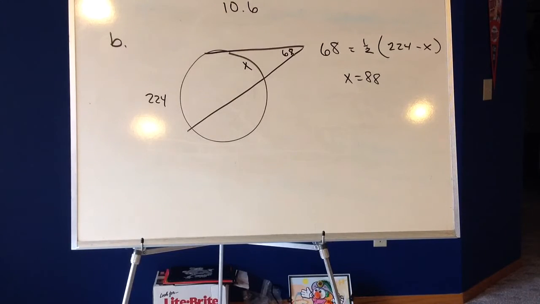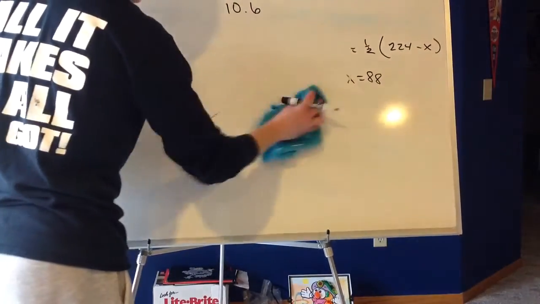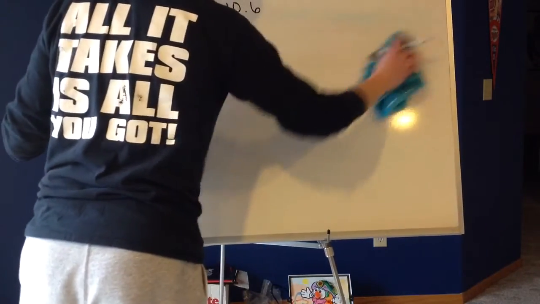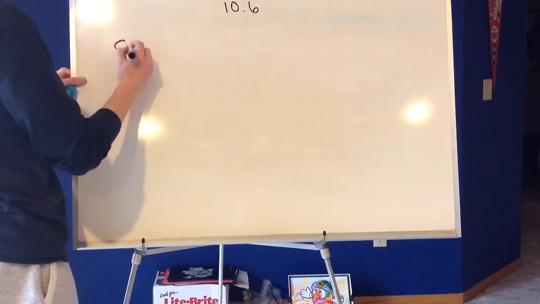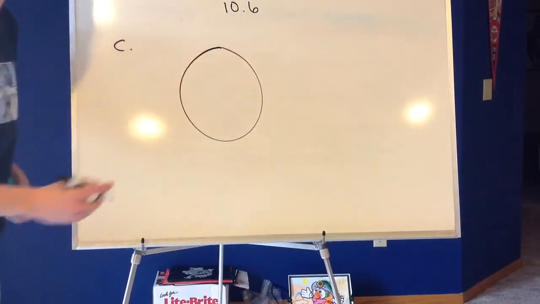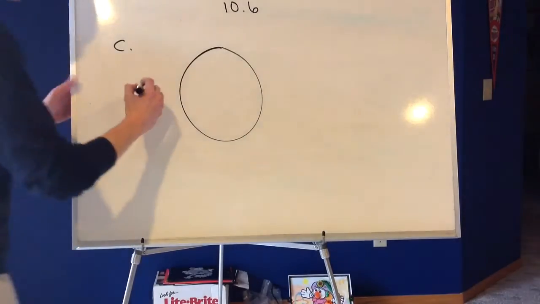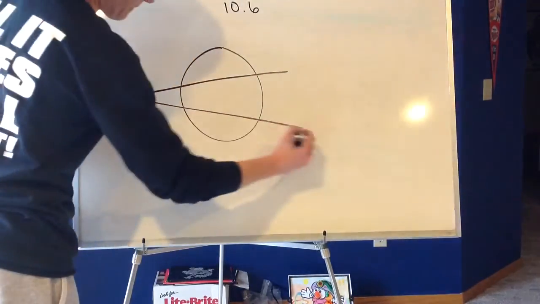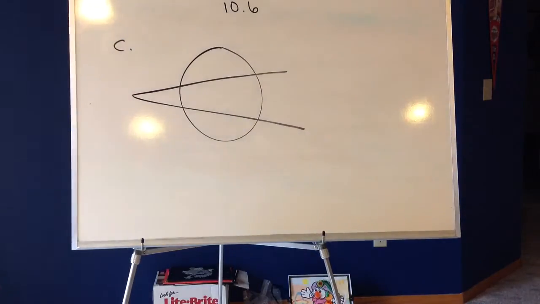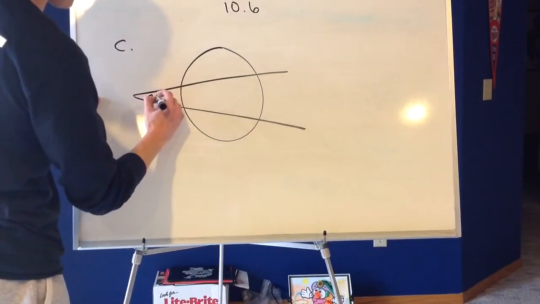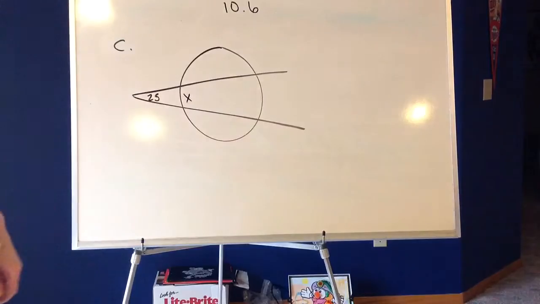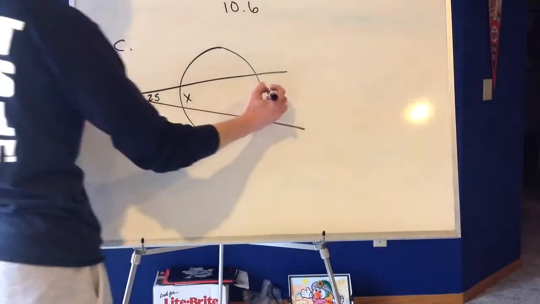So 2 more here to look at. Okay, for C, they give you 2 secants. Okay, so it kind of looks something like this. They tell you that 25 is your angle, X is an arc that you're looking for, and then this one is 110.